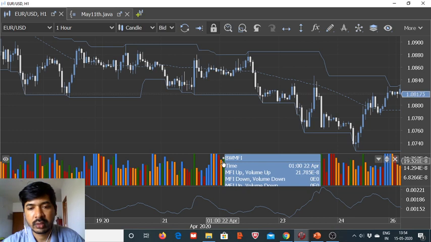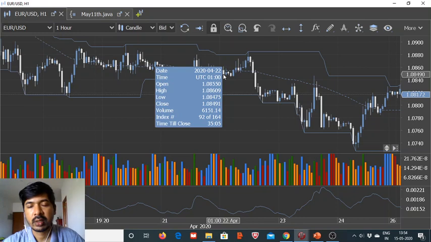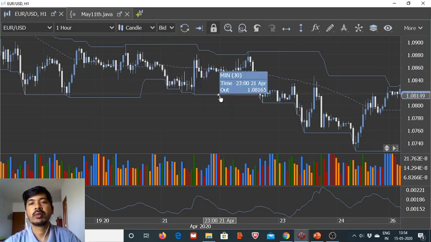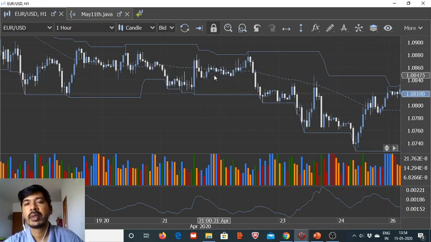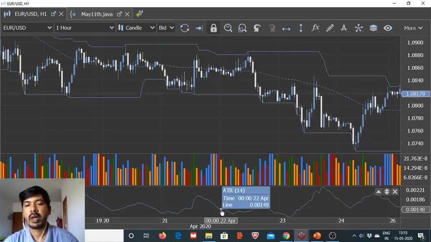This is 1 GMT of 22nd March. Yes, it looks good to me. The minima is falling, the maxima is falling, and the candle is also closing in red. So let's see, we will be able to test our assumptions here. We will need to test for 22nd of April.